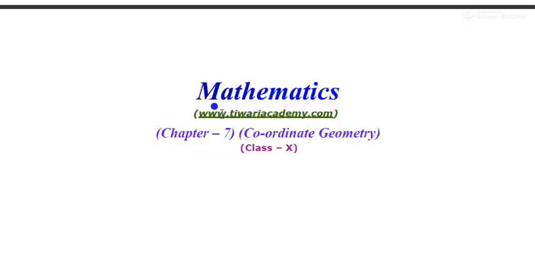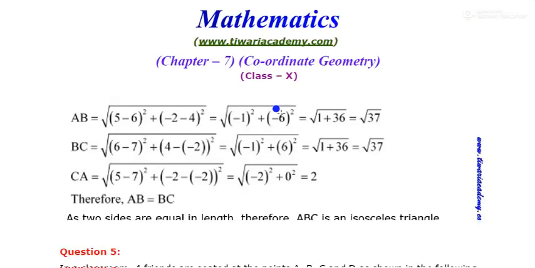So see what is AB. Just try by yourself for finding the distances AB, BC and CA. Okay. So see here, AB is what? √((−5 − 6)² + (−5 − 4)²). So it will be √37. Just put the values of the coordinates in the formula (x2 − x1)² + (y2 − y1)².